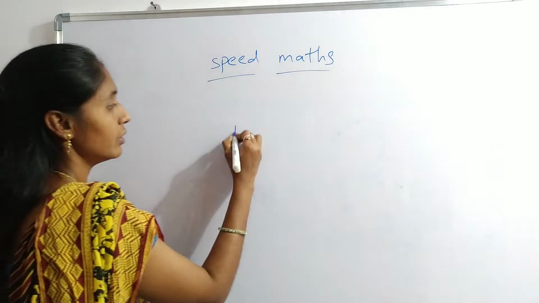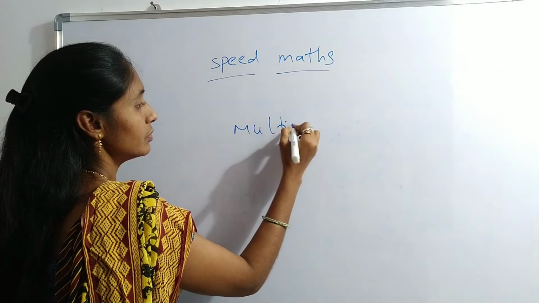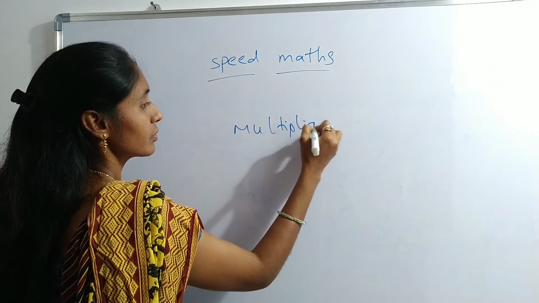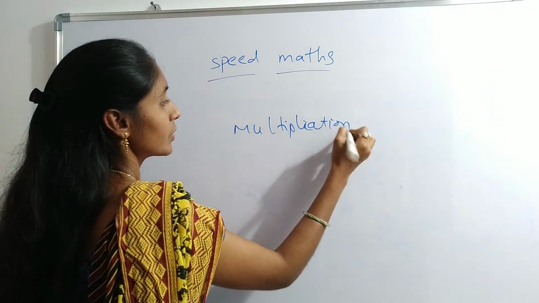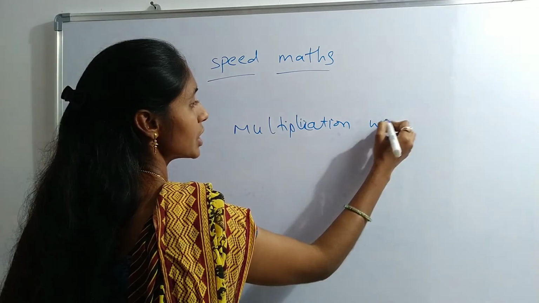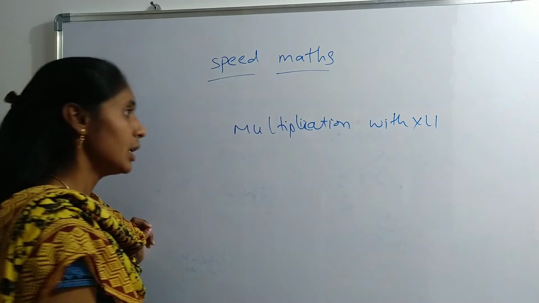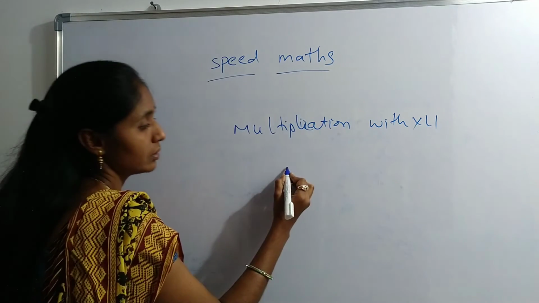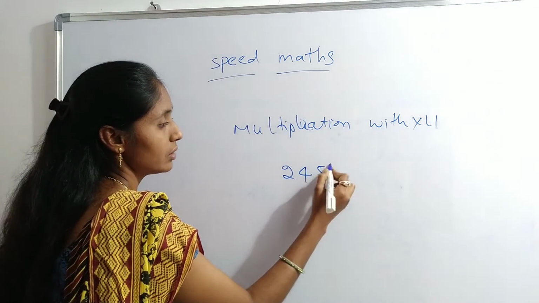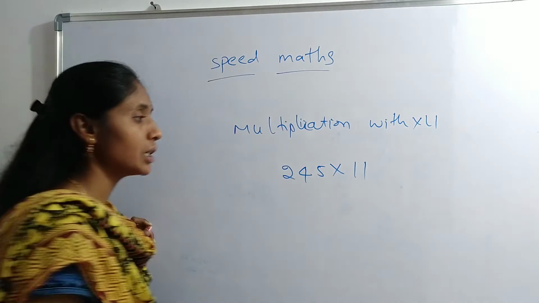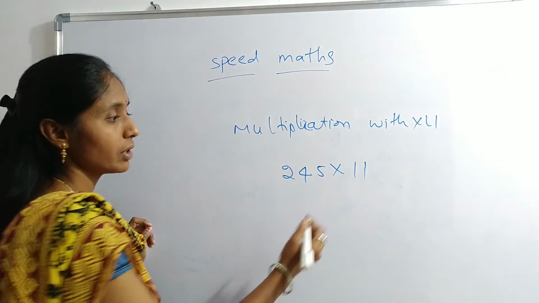Multiplication with 11. Let me see. 245 multiplied by 11. How can we do it?